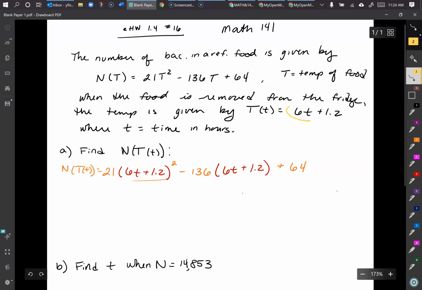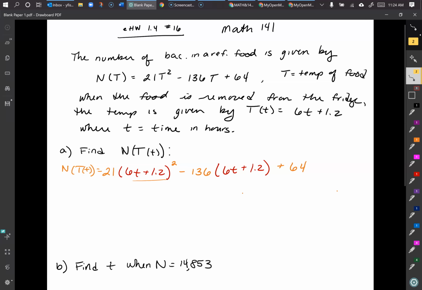I'm just going to plug this expression in for the capital T, and I've done that here. The system will take this as an answer for your electronic homework. My Open Math takes that, so we can just leave it that way, which works out nicely.